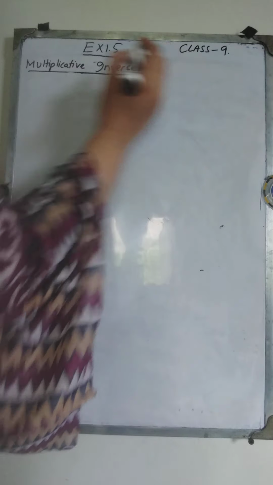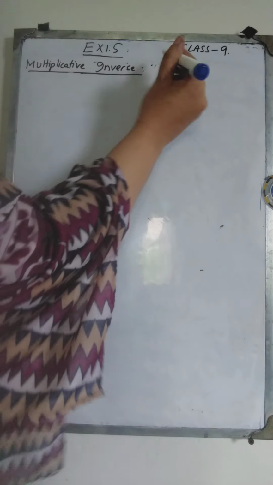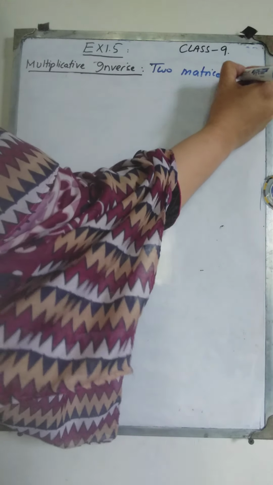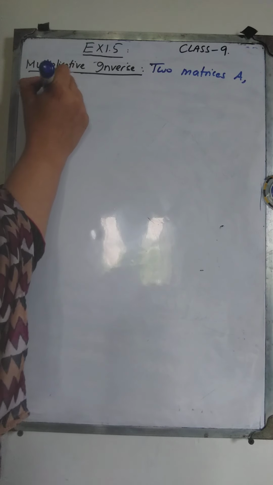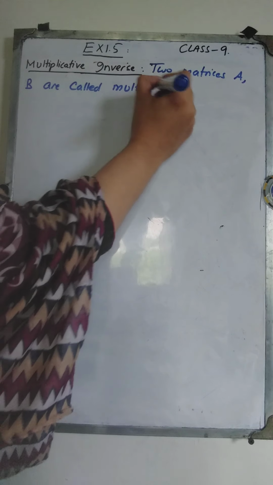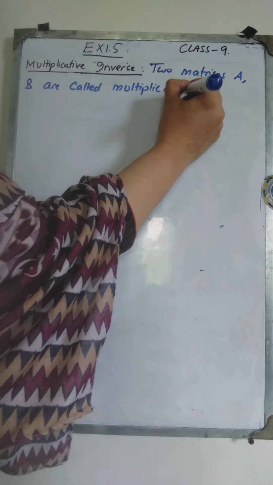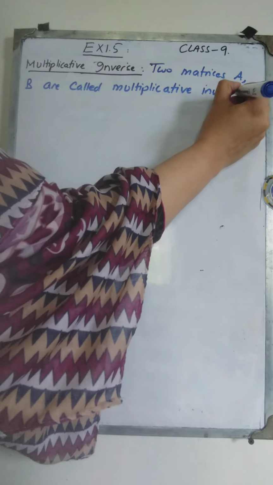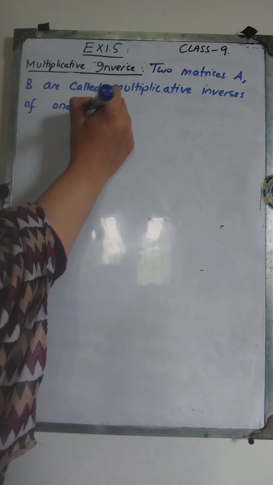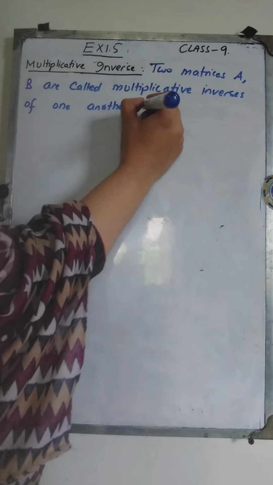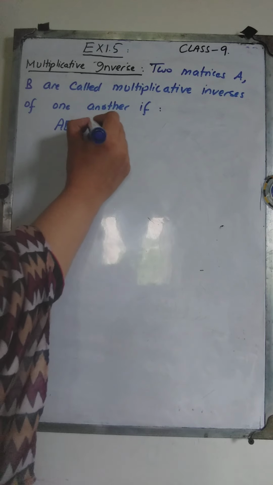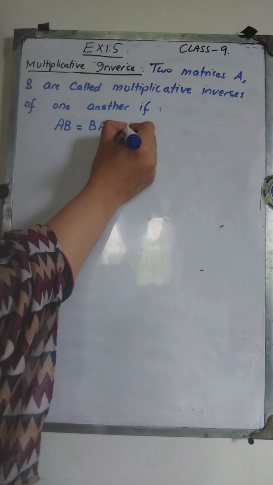Now two matrices A and B are called multiplicative inverses of one another if A into B is equal to B into A is equal to the identity matrix.